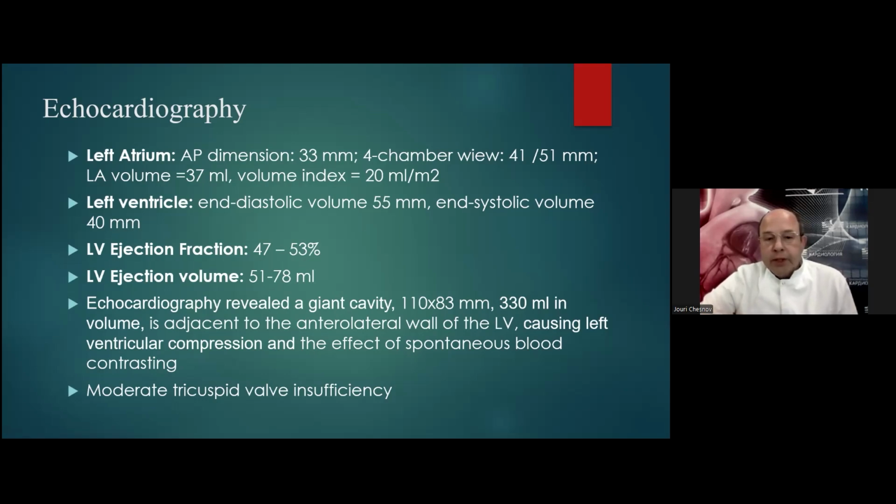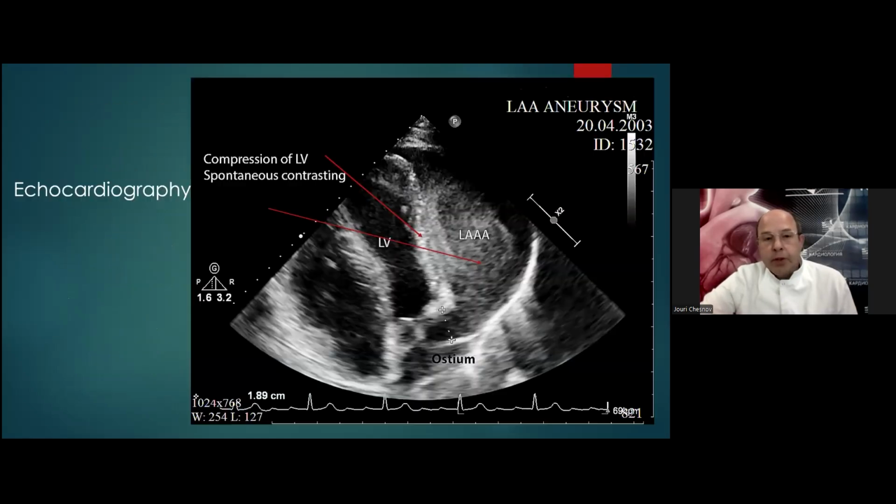Echocardiography also revealed a giant cavity, 110 by 83 millimeters in dimensions, and 330 milliliters in volume, adjacent to the anterolateral wall of the left ventricle, causing left ventricle compression and the effect of spontaneous blood contrasting, and also moderate tricuspid valve insufficiency.